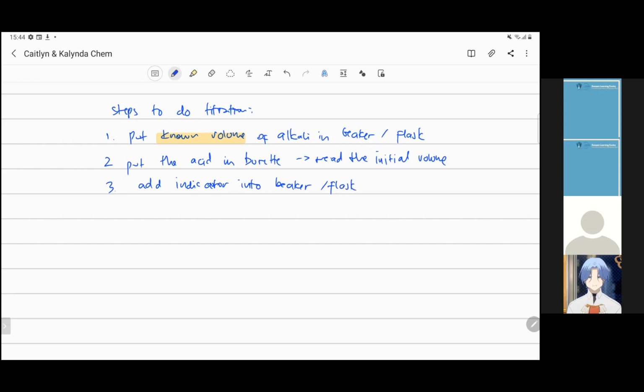Indicator is a dye, a coloring agent that is going to change color in acidic or basic conditions.